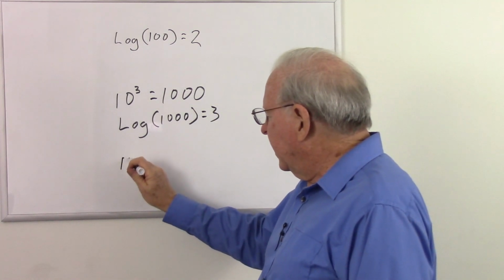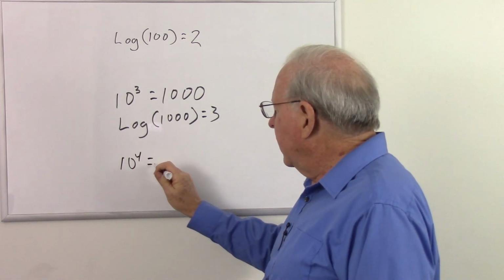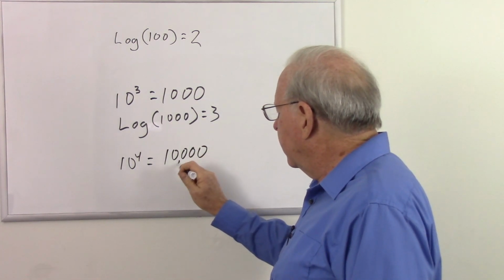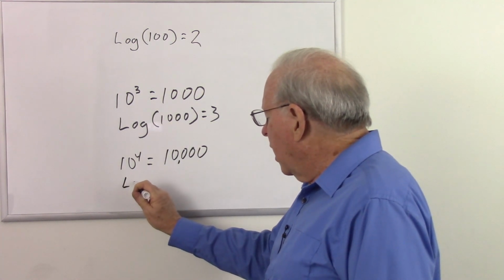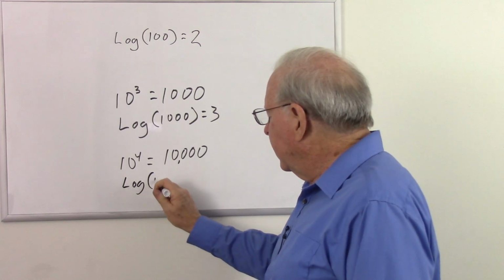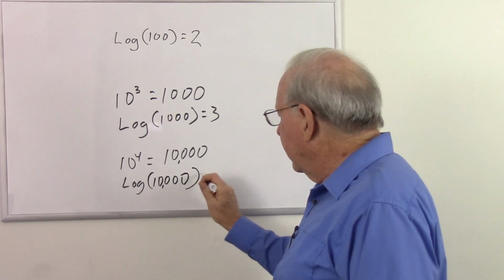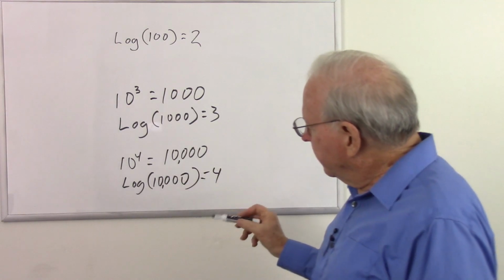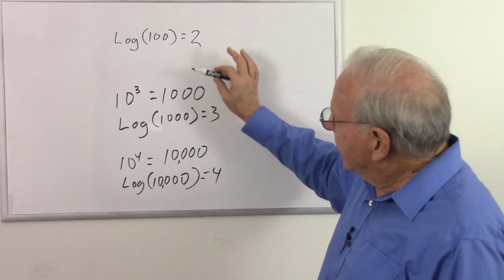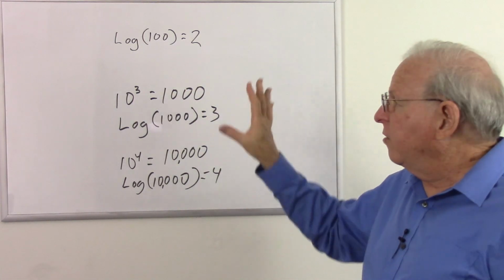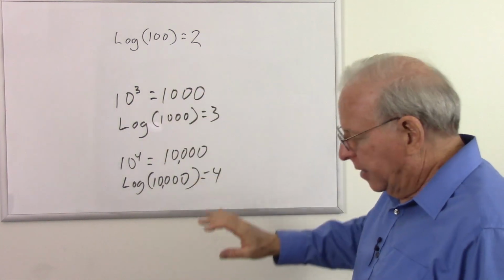Okay, so 10 to the fourth equals 10,000. Therefore, the log of 10,000, got enough zeros there, equals 4. So that's what we are looking at here. It looks a little confusing, but it's just a way of twisting around that formula and renaming things.